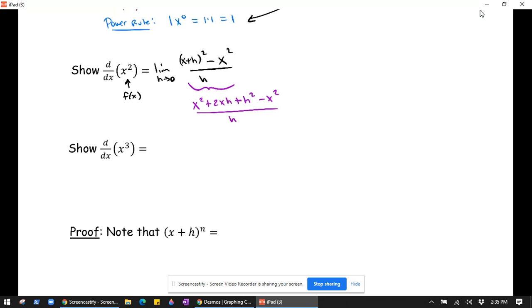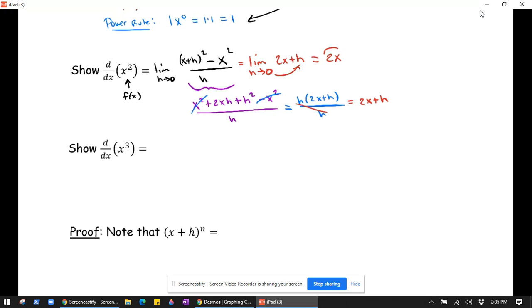We see conveniently that cancels with that. And therefore, we can now write this as, here I'm going to factor out an h from both terms, and I get 2x plus h divided by h. Those cancel, and we get 2x plus h. So this is just going to be the limit as h goes to 0 of 2x plus h, and that equals 2x.